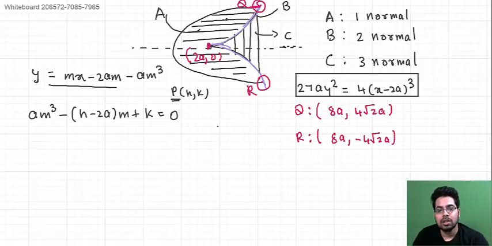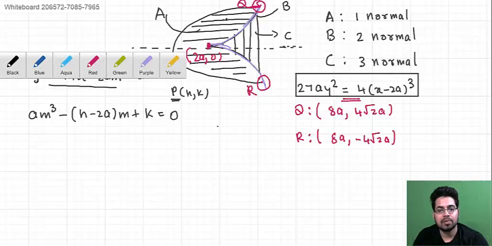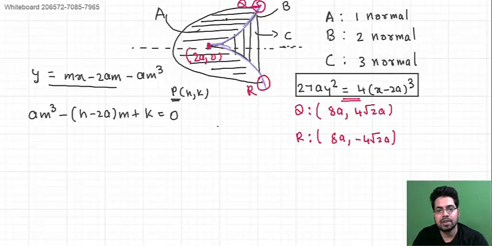Now there is one more thing. I am stating that all the normals to this parabola are going to be tangent to this curve, and I will prove this. Suppose I'm drawing one of the normals, let's say with blue, this way.